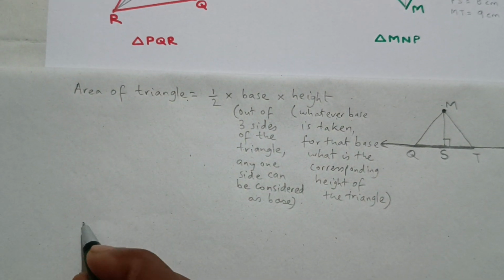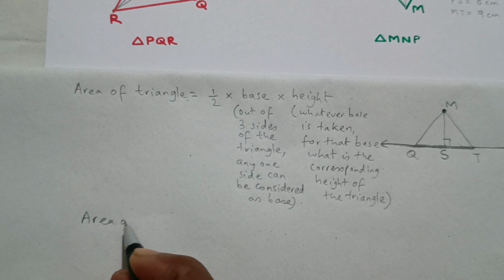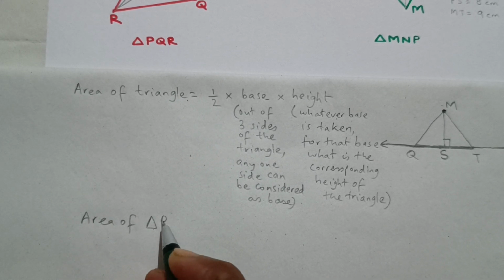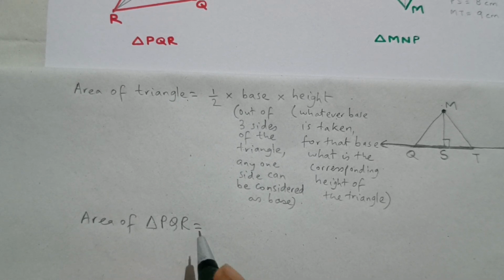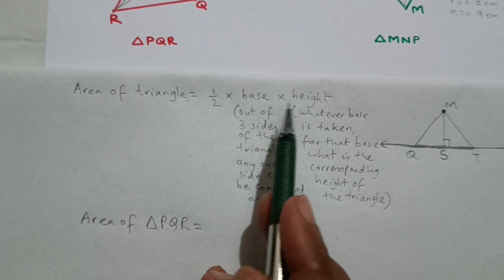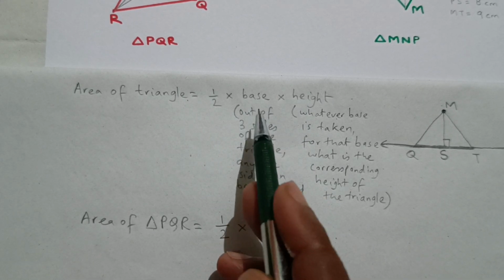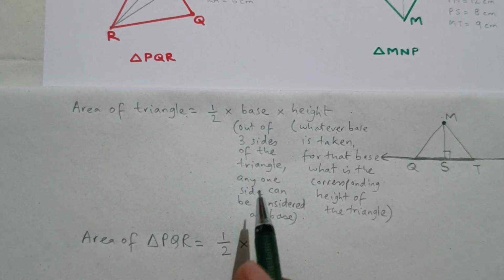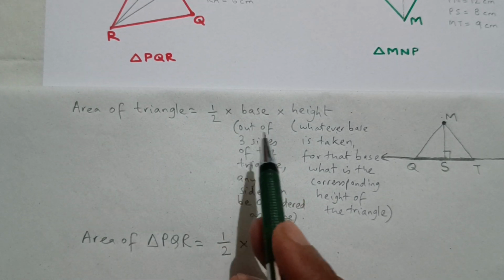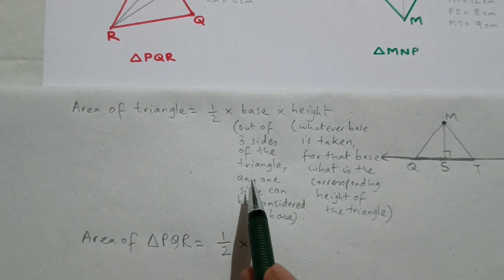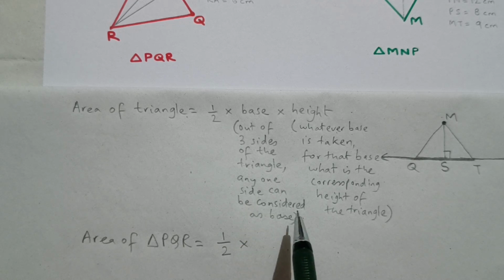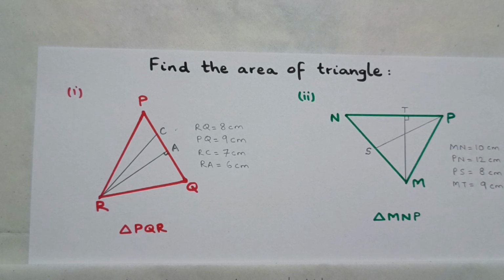So we have to find the area of triangle PQR. So the formula is half into base into height. So half into, now base. So base is what? Out of 3 sides of the triangle, any one side can be considered as base.